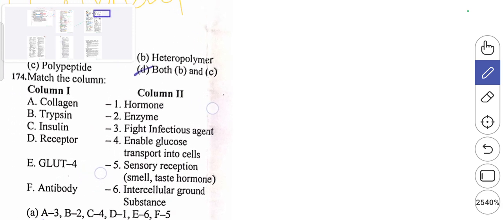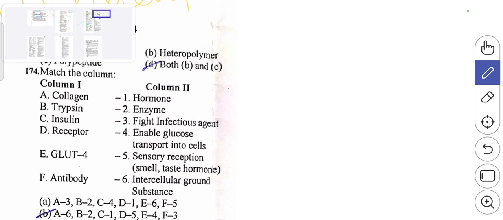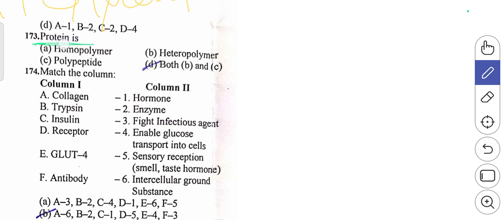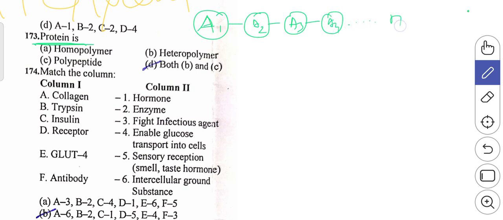So the next one, is protein a homopolymer or heteropolymer? Here the protein is mainly formed from different amino acids: amino acid 1, amino acid 2, amino acid 3, amino acid 4 and so on, and you will get a protein.